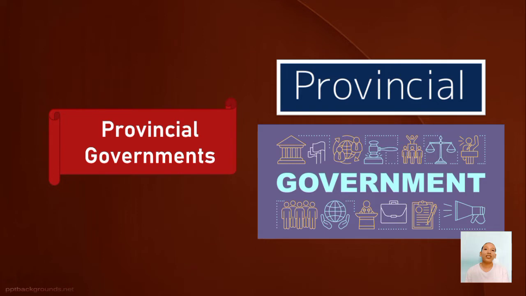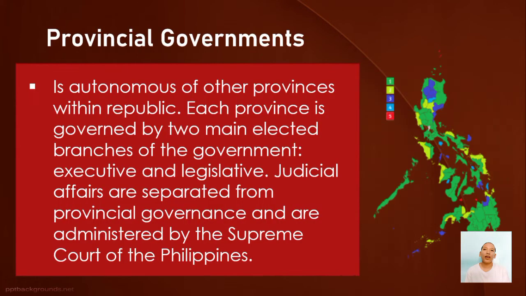Next is the provincial governments. Provincial governments are autonomous of other provinces within the republic. Each province is governed by two main elected branches of the Philippines, the executive and legislative.